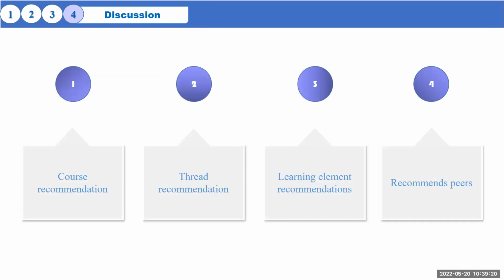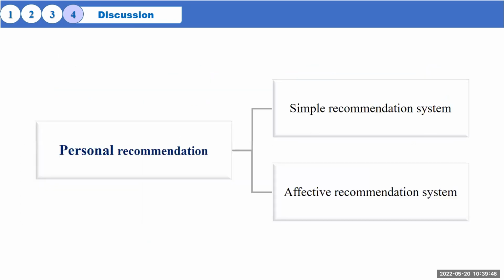They can be classified according to the type of recommendation, which is course recommendation, thread recommendation, learning element recommendation, and peer recommendation. Each type of recommendation has its utility. Course and learning material recommendation aims to help maintain personalized content and increase learner retention, and peer recommendation helps accelerate learning when the learner is in a situation of blocking.